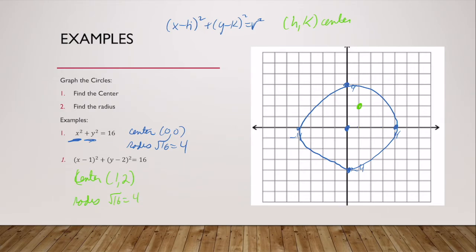So you count 4 in all directions, north, south, east, west, away from your center. Then you connect those dots, and that's the best way, in my opinion, to draw a circle. Knowing that this center point is not part of your circle, it's just there for you to know how to count your radius of 4 away from the center.